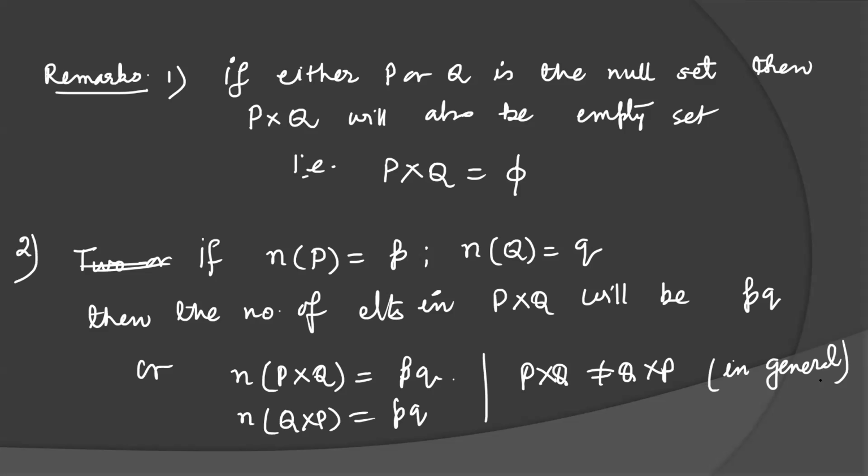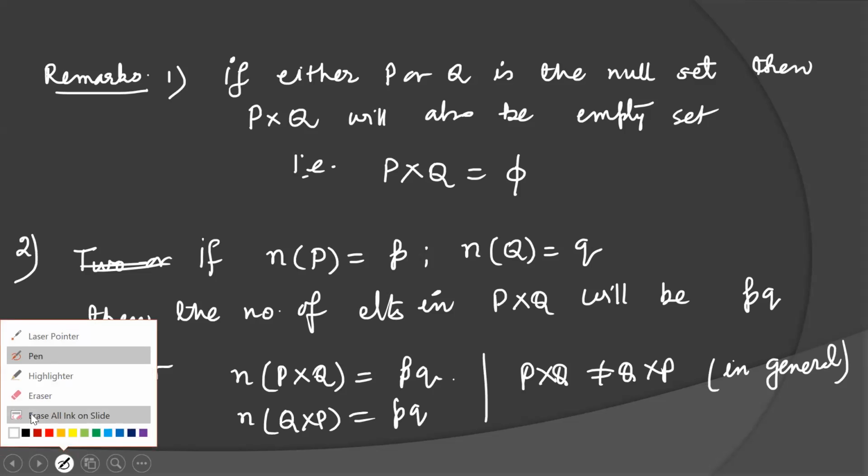Okay, let's see one more remark here. Third remark is, if we take A cross A cross A, if we multiply any set 3 times, this will be the collection of all triplets.